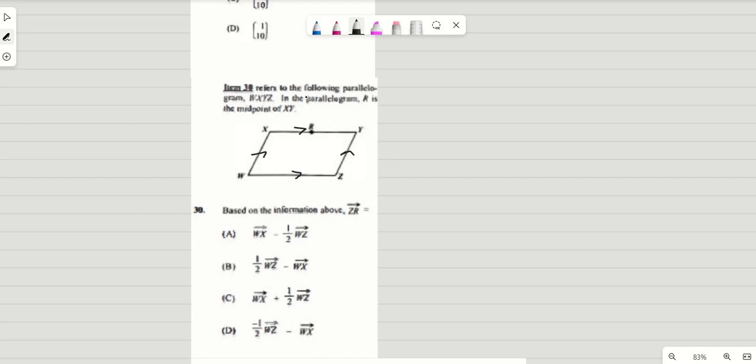So XR is equal to RY, right? So this is equal to half of XY because there's the midpoint, which, because they're parallel, is half of WZ, right?